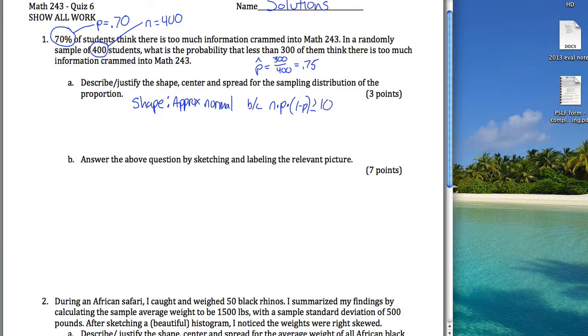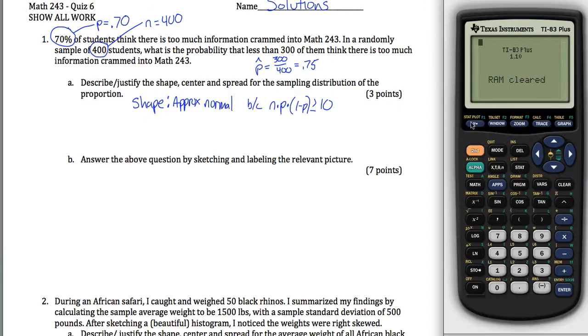How do I know it is? Well, I don't. I guess I should calculate it. Let's see here. My calculator up here. N is 400. P is 0.70. And I'll multiply that by 1 minus P, which is 0.30.